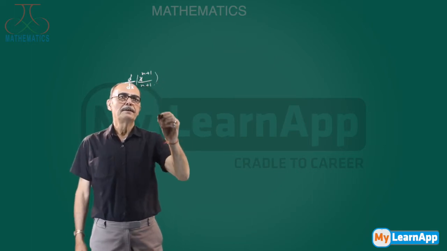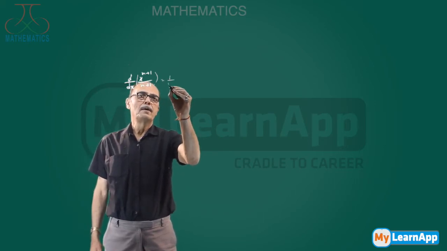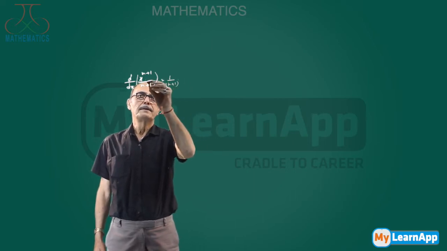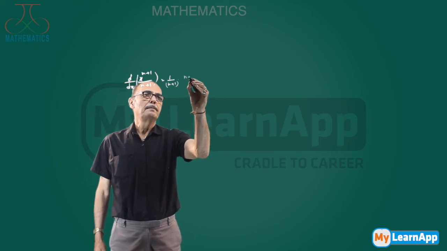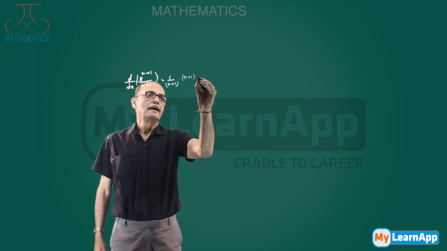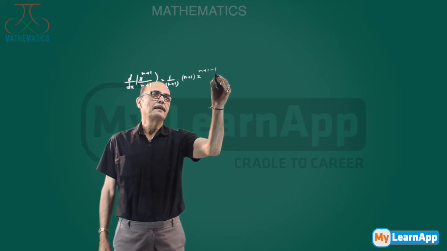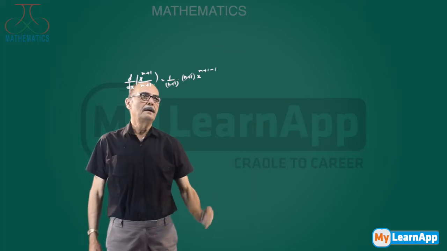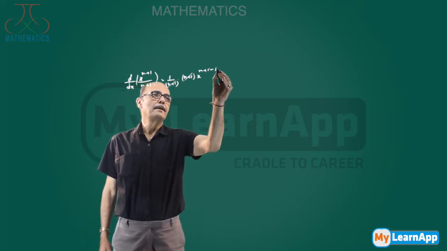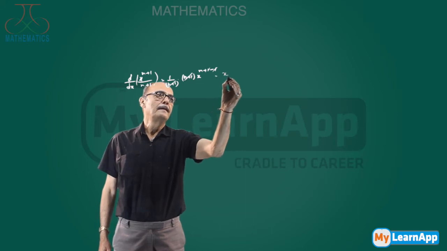If we differentiate, we have 1 upon n plus 1, and we differentiate this power x raised to power n plus 1, which is n plus 1 into x raised to power n plus 1 minus 1. This n plus 1 gets cancelled with this, and we are left with x raised to power n.